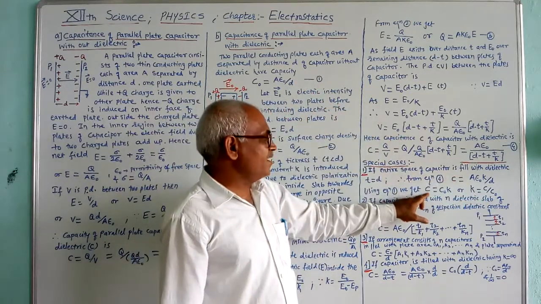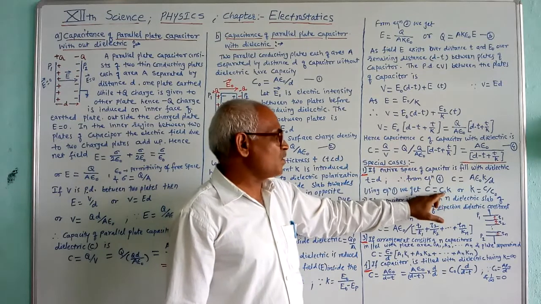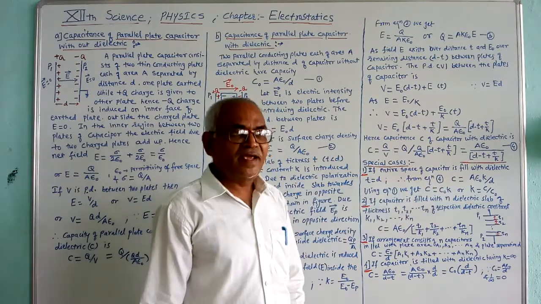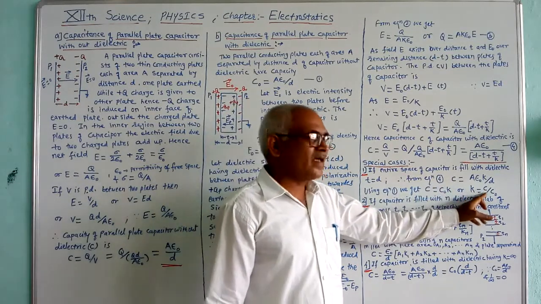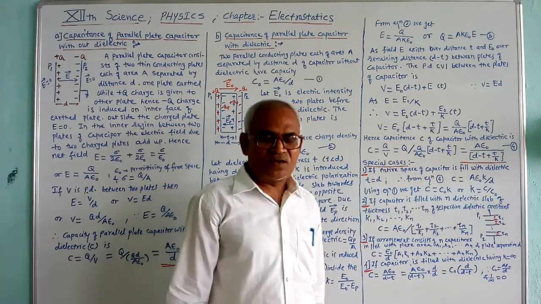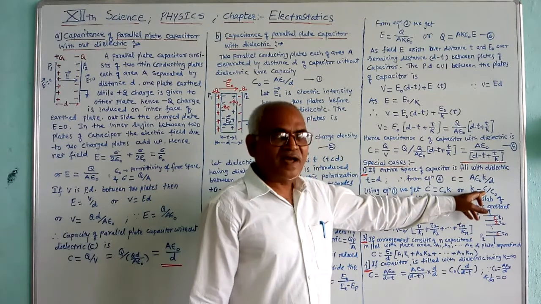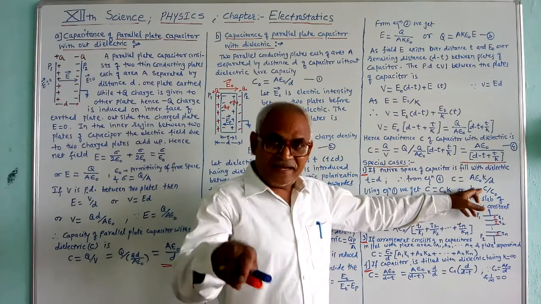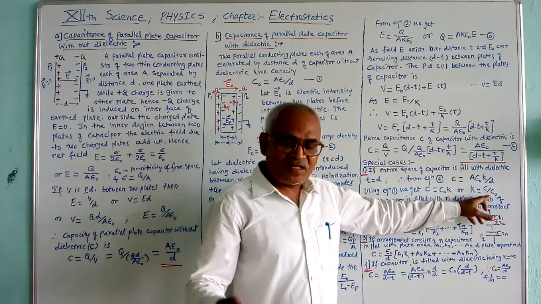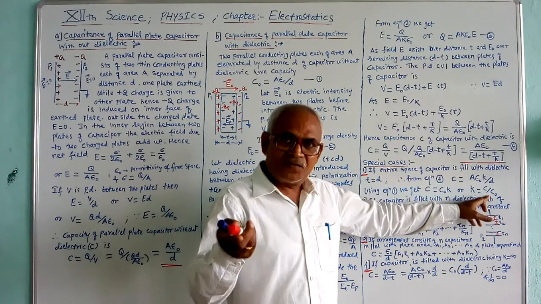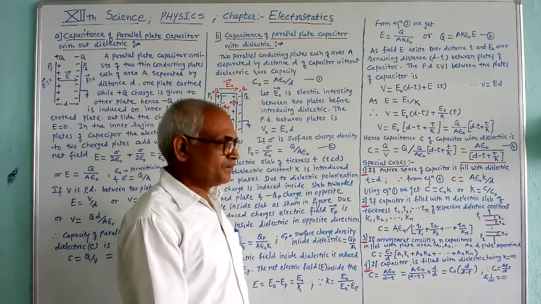That means C equals C0 into K, or K equals C upon C0. C is the capacity of the parallel plate capacitor with dielectric, and C0 is the capacity of a parallel plate capacitor without dielectric.